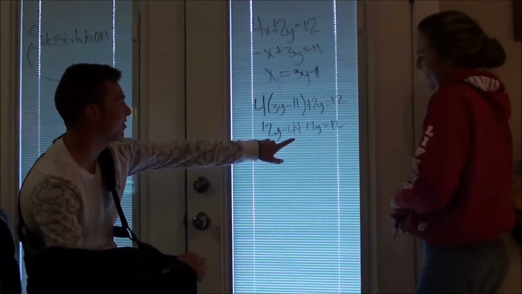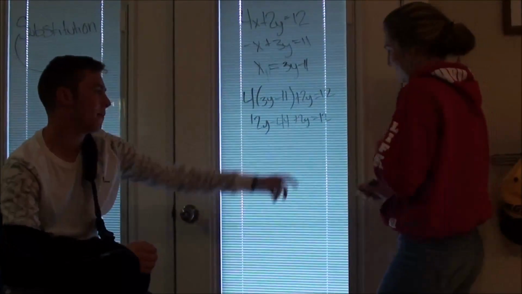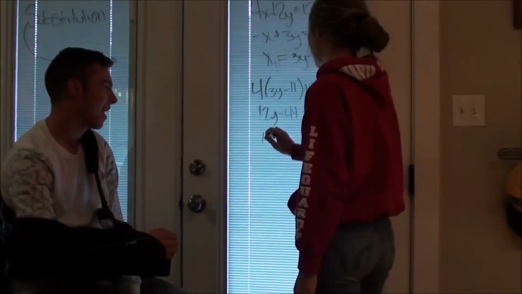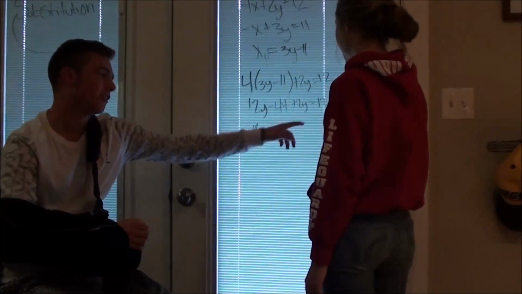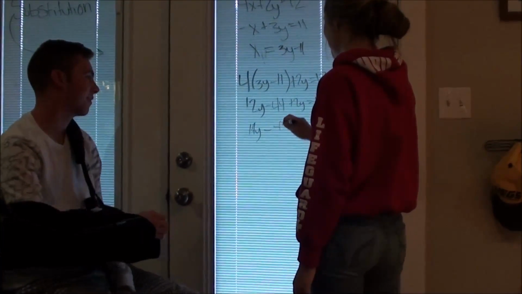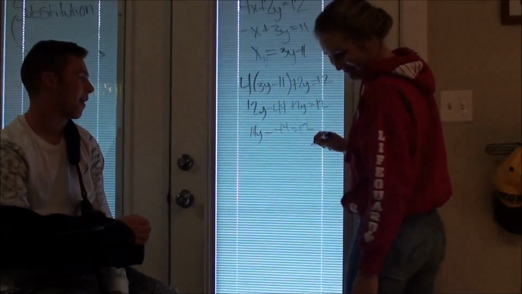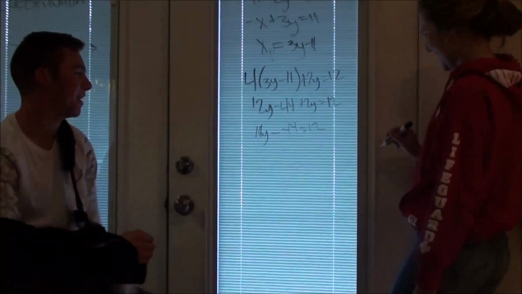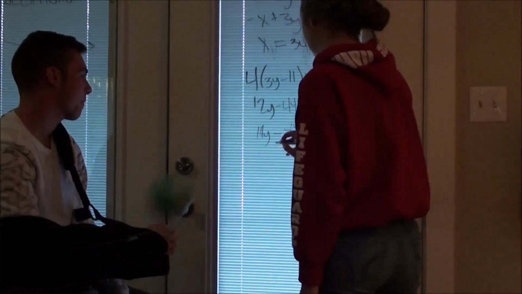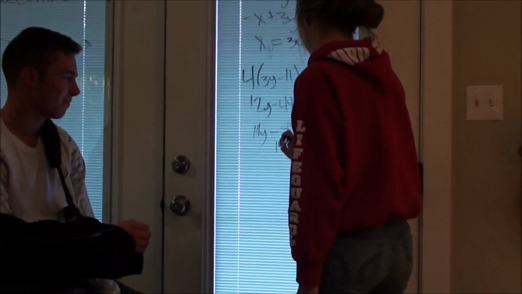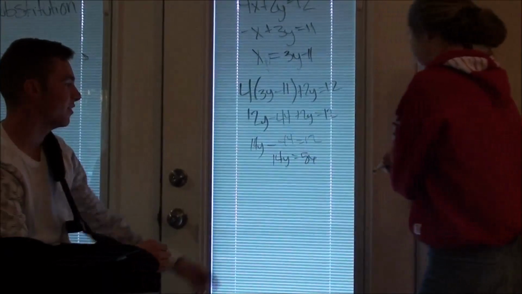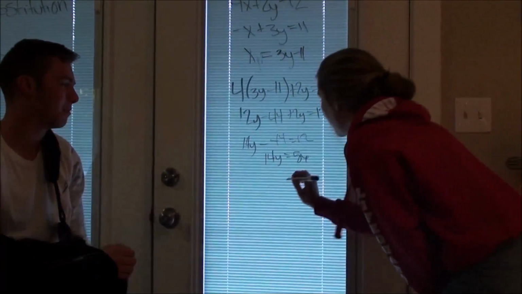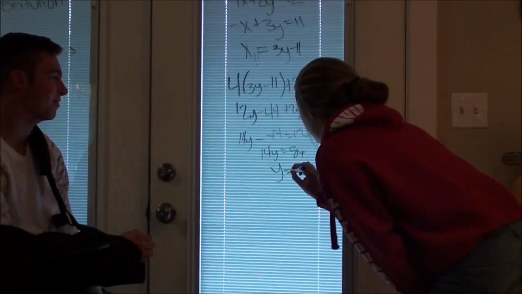Alright, and then so we'll add the 12y and the 2y. And then minus 44 equals 12. And then you'll make it so the 14y is by itself. And then you'll divide the 14 on both sides so the y is by itself.